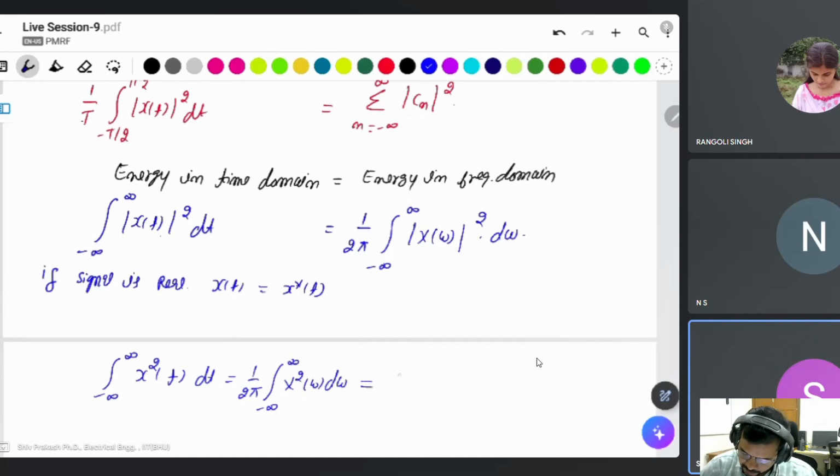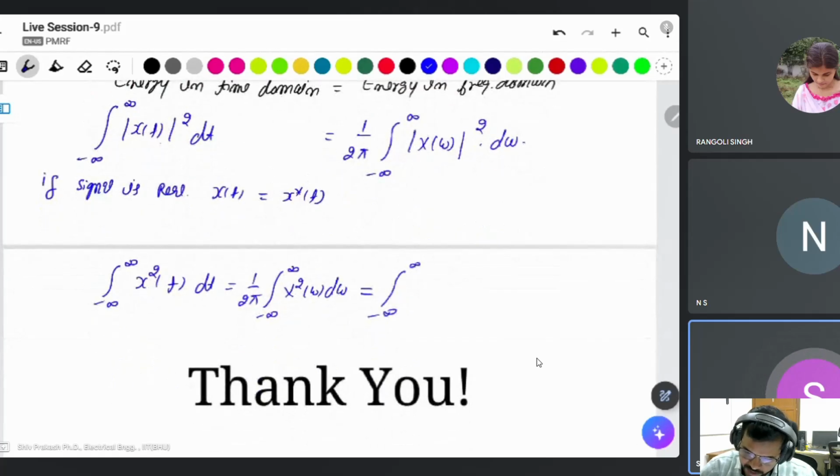Converting omega into frequency f in hertz, this will be df, and there is no need for 2 pi because omega is equal to 2 pi f. 2 pi will be cancelled out, only f is there.